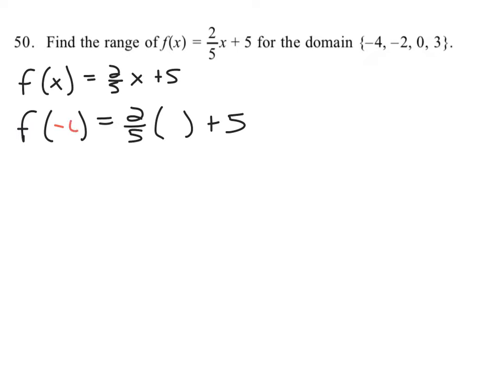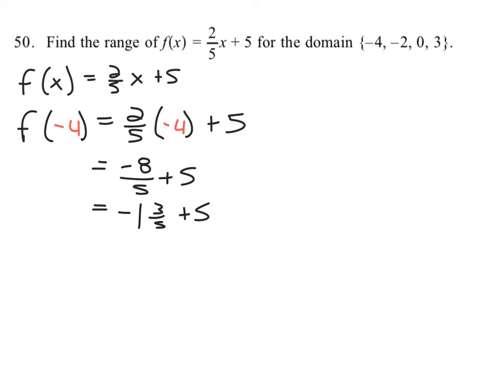So what's the first number we're going to put in? Let's put in negative 4. Okay? And when we calculate that out, we get 2/5 of negative 4. Really, this negative 4 functions as a multiplier for the numerator. So what we get is negative 8/5 plus 5. Or, turning that into a mixed number, negative 1 3/5 plus 5.